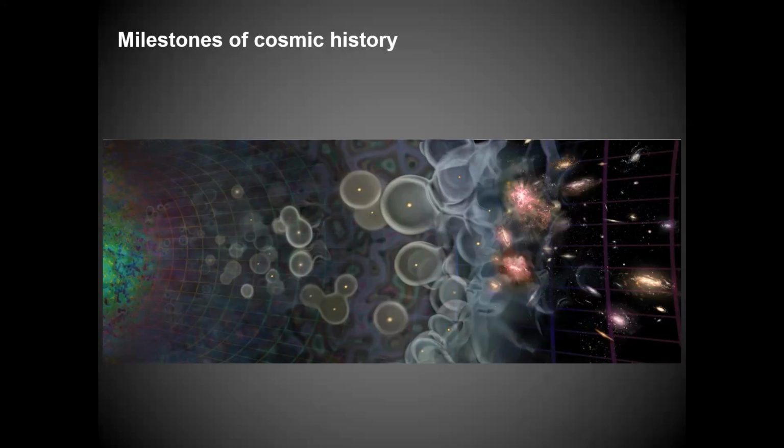So after the end of the epoch of reionization, the universe spans around 13 billion years in this hot and ionized state, when all galaxies are in their mature, evolved state. And that's what we see today with telescopes such as JWST, the James Webb Space Telescope. So that's in a nutshell the evolution history of the universe.